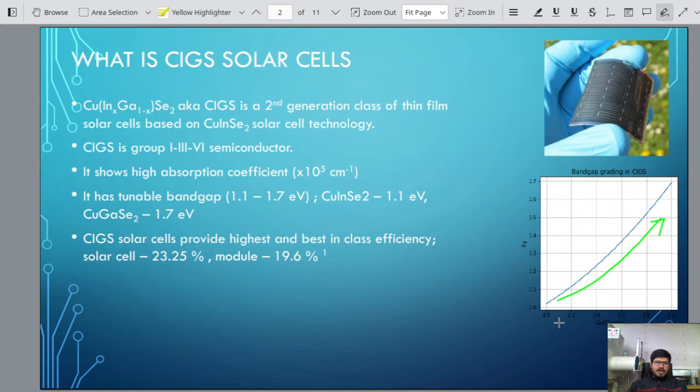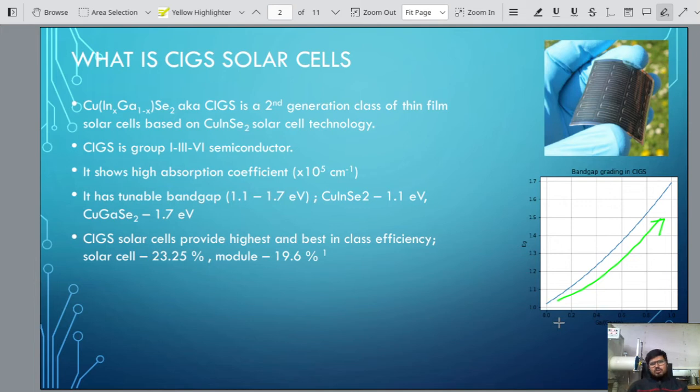It shows a very high absorption coefficient, approximately 10^5 per centimeter, by which we can say only 1 to 3 micrometers of thickness is needed to absorb all the solar radiation falling on it, relative to the silicon solar cell, which requires around 50 micrometers or more of material thickness to absorb this much solar radiation.